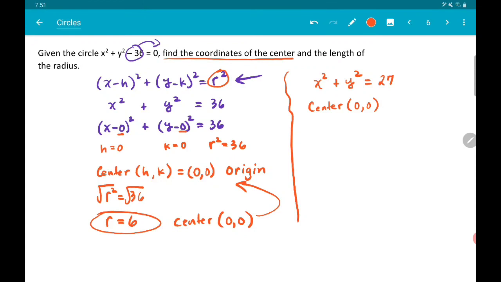Well, r squared is equal to 27, so r is equal to the square root of 27, which is actually 3 square root of 3. Well, use your calculator, you can find the square root of 27.